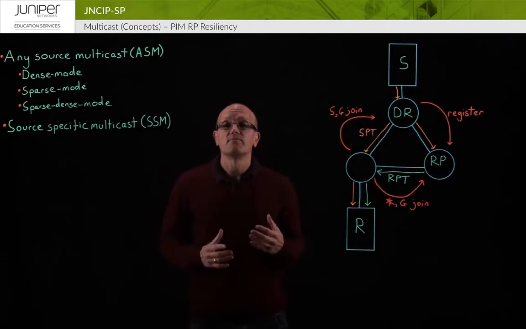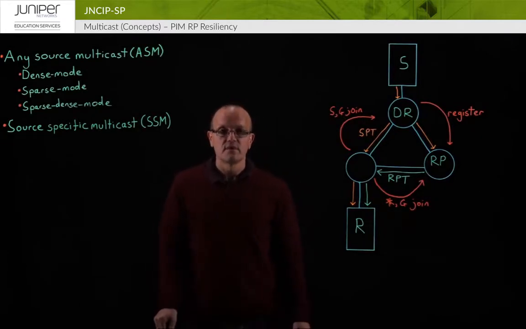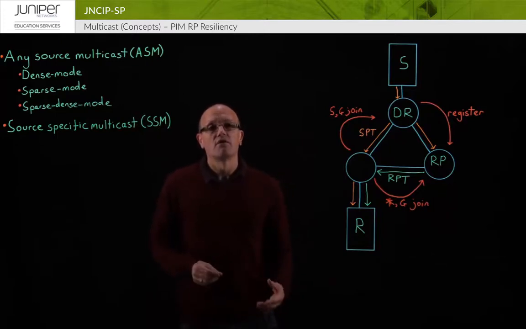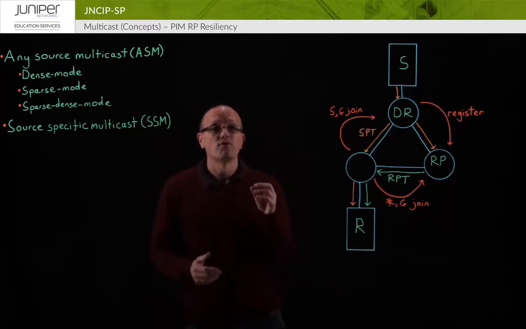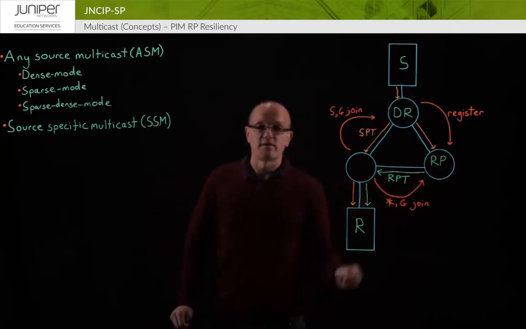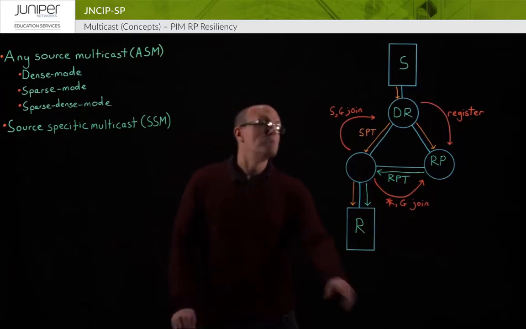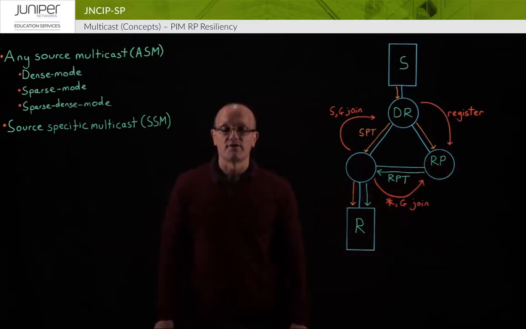So with sparse mode PIM deployed in our network, we need to think about resiliency. The entire operation of PIM sparse mode is dependent on this rendezvous point device located within our network. And for resiliency purposes, obviously we need more than one rendezvous point.